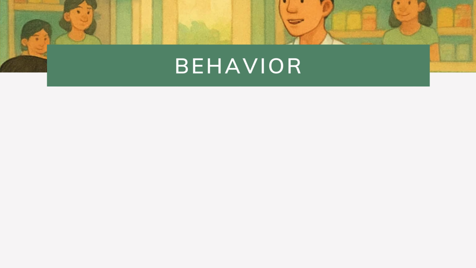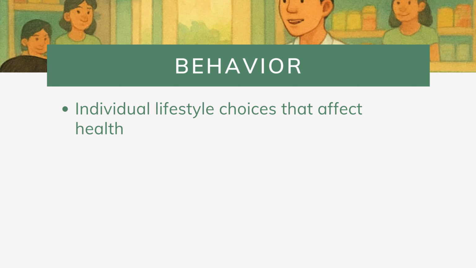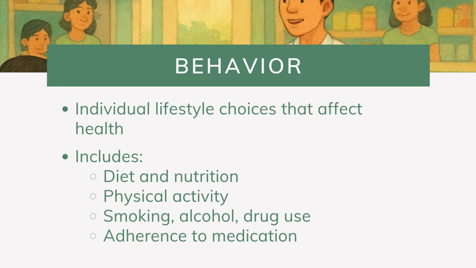Behavioral determinants are one of the most modifiable determinants of health. Behavior refers to the individual lifestyle choices that people make. These choices can protect health or increase the risk of diseases. These include our diet and nutrition.